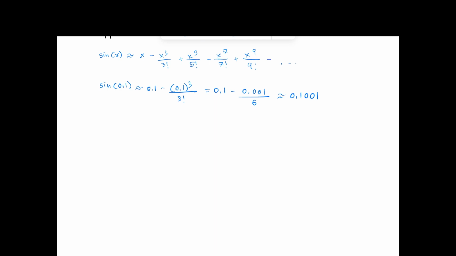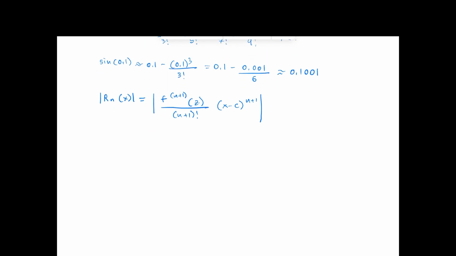Well, by the definition, the absolute value of your remainder term, which is defined as the absolute value of the n plus 1th derivative evaluated at z over n plus 1 factorial times x minus c to the n plus 1, is bounded above by the maximum value of the n plus 1th derivative over n plus 1 factorial. You consider the maximum of this expression right there.